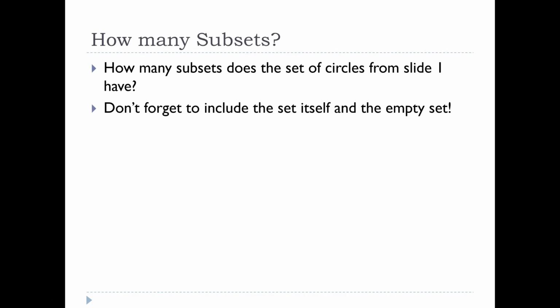How many subsets does the set of circles from slide 1 have? Now let's review. What are those circles? That's these guys. How many subsets does this set have? Well, first of all, as I said before, the empty set is one of the subsets. So 1. What else?